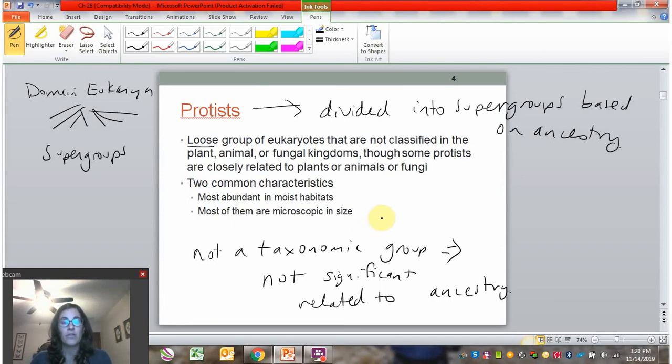So that's why we learn this term, even though it's not a supergroup, it's not a taxonomic rank. And it's also why we're going to introduce several other terms that are not taxonomic ranks. Again, these terms are still very widespread, in use, and so it's important for anyone who wants to learn about biology to be familiar with these terms. So we'll go into some of these other terms that are not about ancestry.